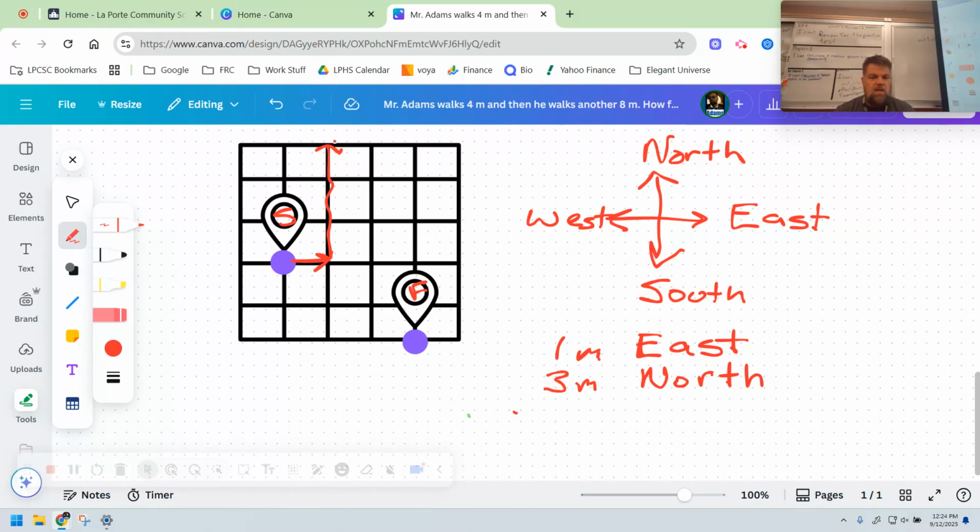Then from there, I'm going to go 3 meters east again. I'm going to go down 2 meters south.